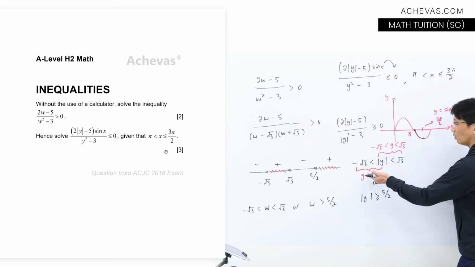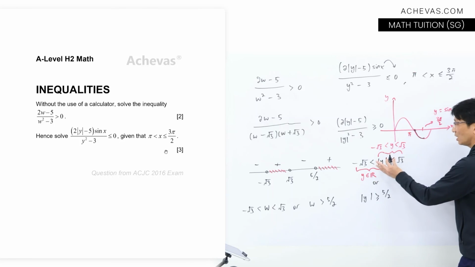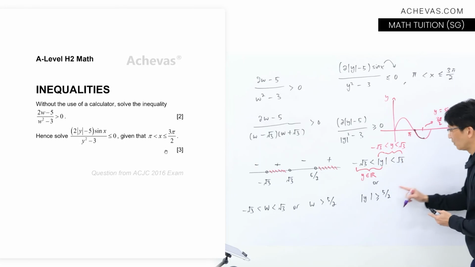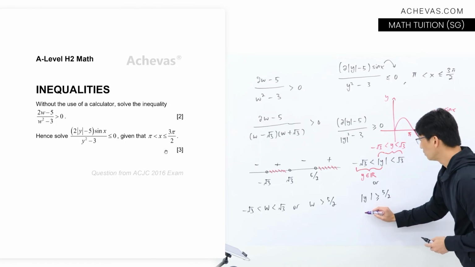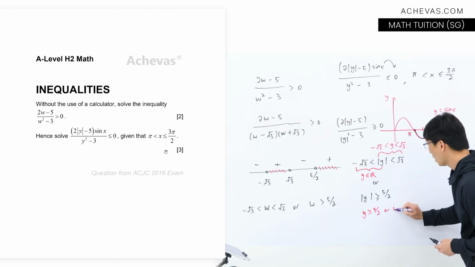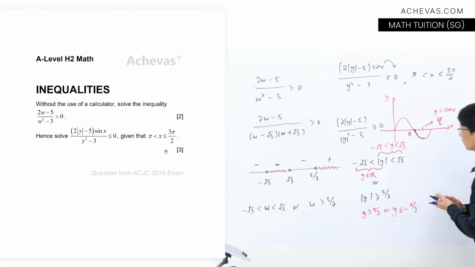When we are doing an overlap between this and this, in fact, the solution for this particular expression here is just y between minus square root 3 and square root 3. For this case, when we break it up, we will be able to get y greater or equal to 5 over 2, or y will be lesser or equal to minus 5 over 2.